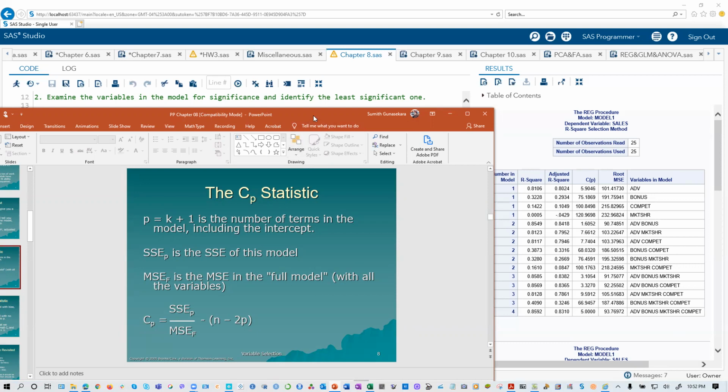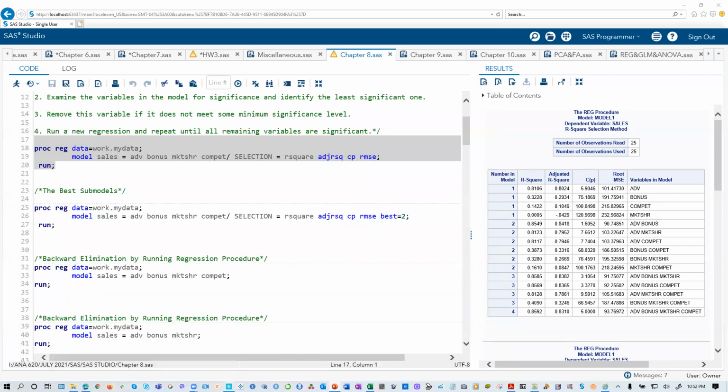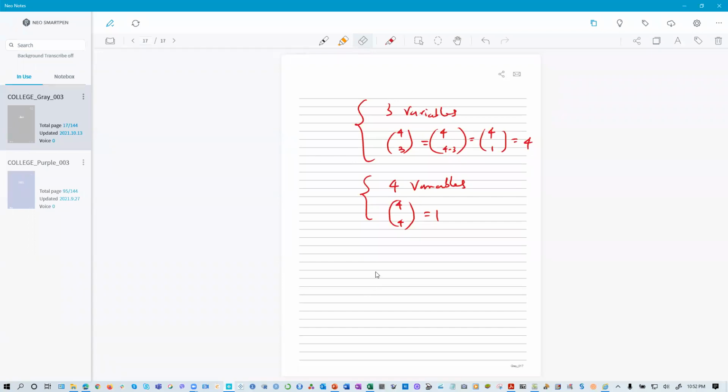That's the formula, the Cp formula. It's called the Mallows statistic, Cp, given by the sum of squared error of that particular model divided by the mean squared error.